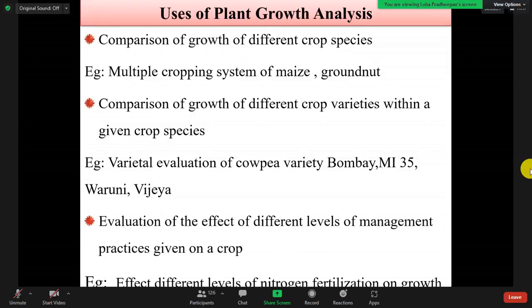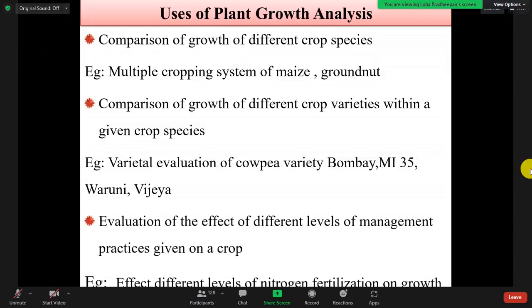From the agriculture point of view, our aim is to grow the crop to get the maximum yield. In that case, we have to give different levels of management to the crop: irrigation, fertilizer application, weed control, pest and disease control. Those practices we call crop management practices. If you want to evaluate how the different levels of crop management practices given to the crop are influencing it, this growth analysis can be utilized.